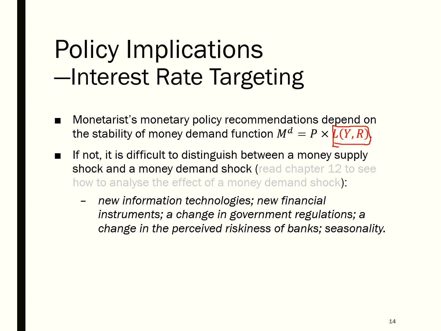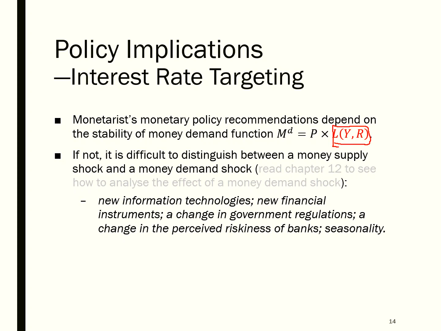However, if it is not, then it will be very difficult to distinguish between a money supply shock and a money demand shock. If there is an increase in money supply and there is a demand shock at the same time, then the effects on price will be very, very unstable. And any policy implications relying on this stability of the liquidity function will make things more complicated.